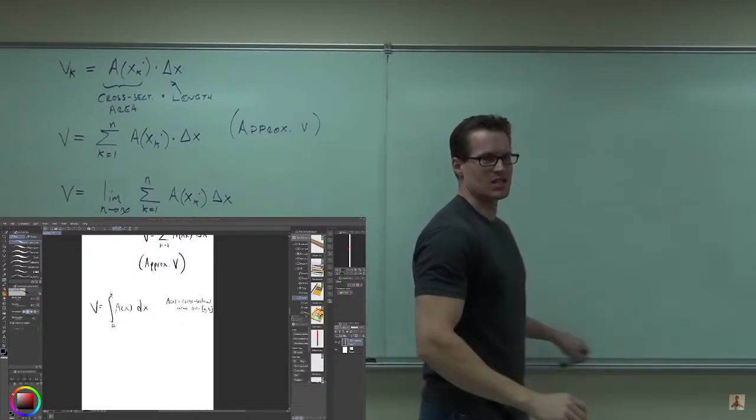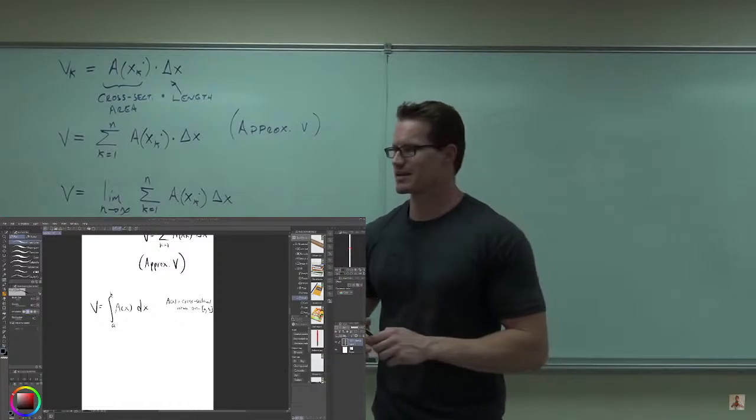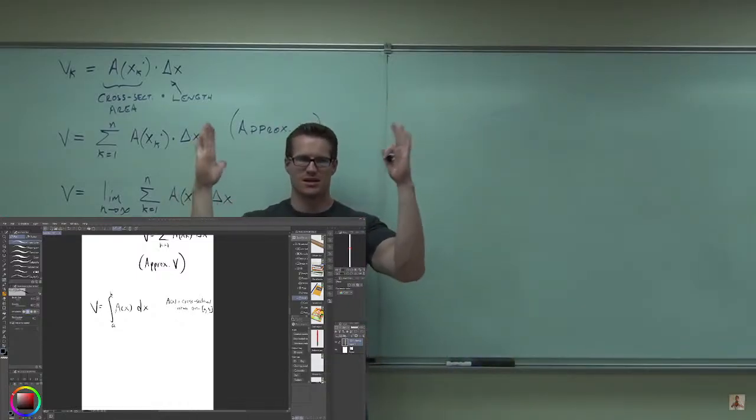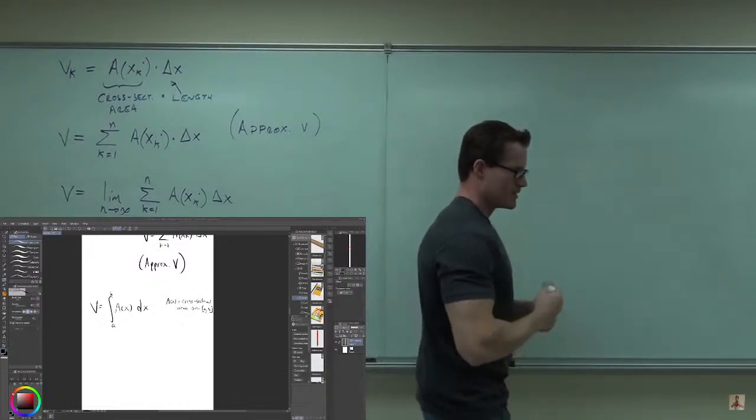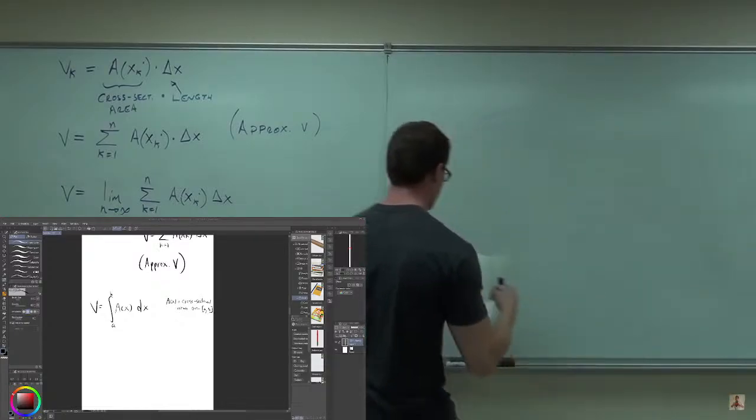We could probably do the same thing according to the y-axis, except instead of being perpendicular to the x, it'd just be perpendicular to y. Turn your head, it's got to be that way. So we do the same thing with respect to y.